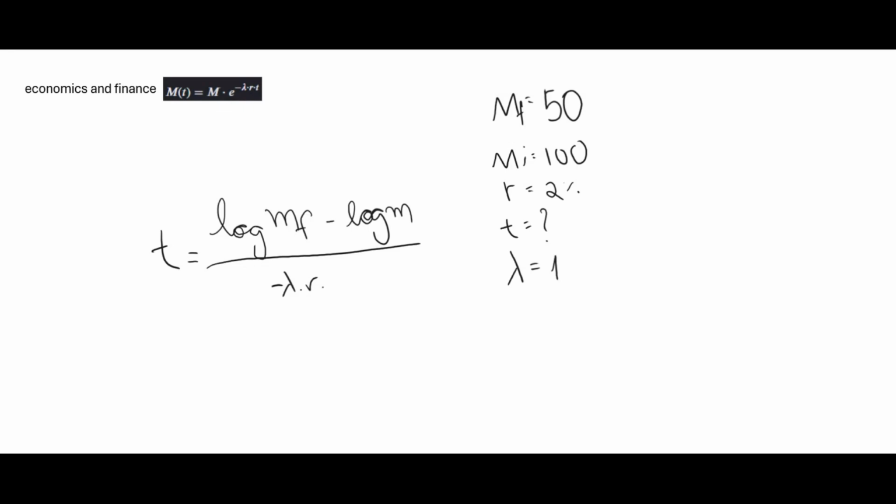Lambda equals 1, the average number of transactions per unit of time. So let's say your money is used for a payment once a day. How many days of your money running around in stores, buying things, until it drops to half, and the bank takes the other half?